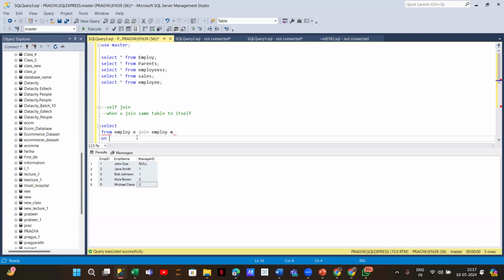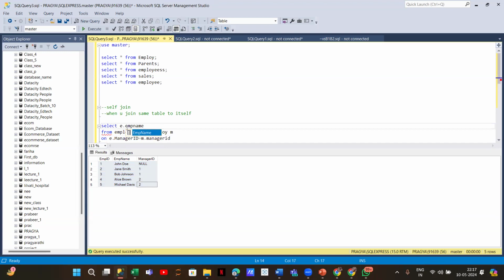Okay, now I will write down the on condition. I just said that manager ID and employee ID have a connection, so I will just combine them together. Any confusion till now? Now I want the names.